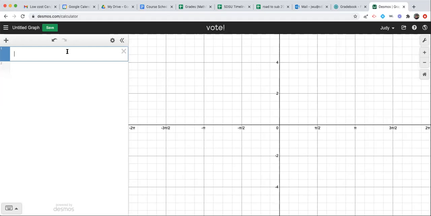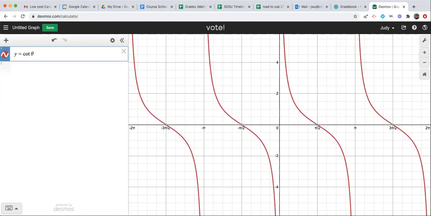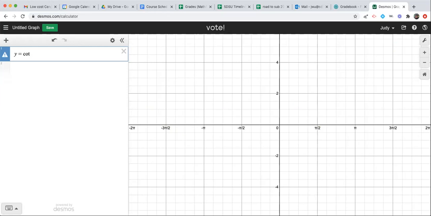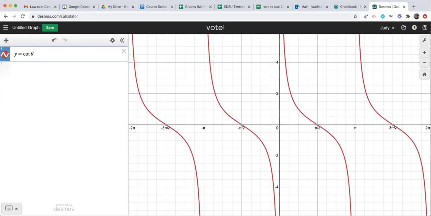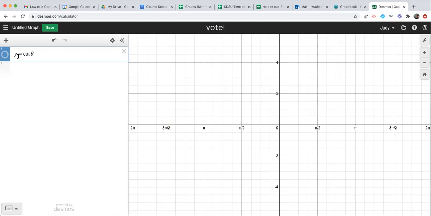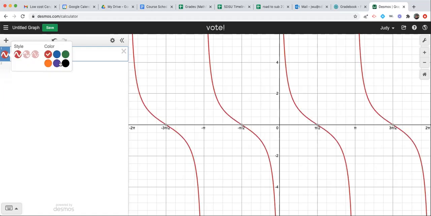Now over here, I'm going to type in y equals cotangent theta. With theta, you can literally type in theta and it will turn it into the symbol for you. So here's our graph of cotangent, okay? They actually did it in red. Let's change it to blue to match our notes, okay? So that's one side of the equation.